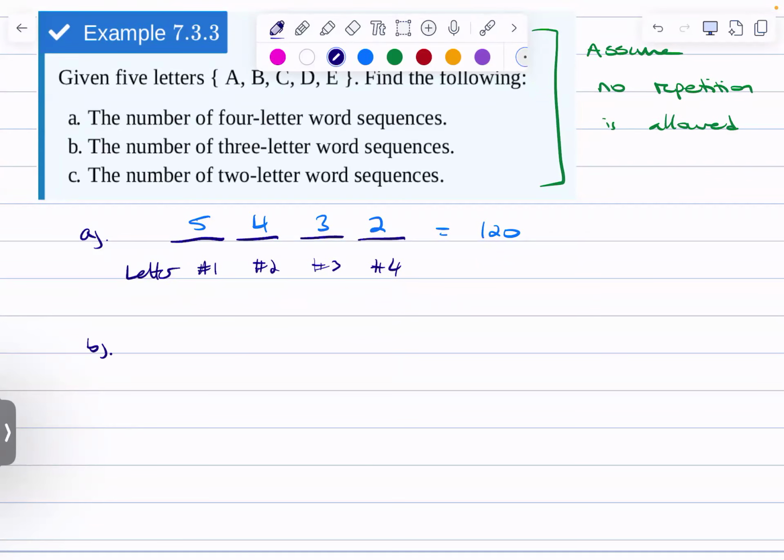For B, if I have 1, 2, 3 letters, number 1, number 2, and number 3, I still have 5 to start. Then I have 4, and then I have 3. 5 times 4 times 3, 60.